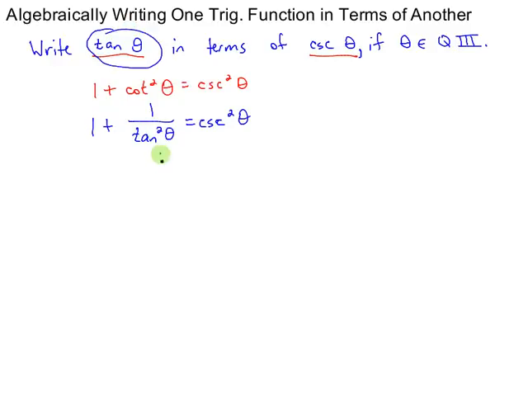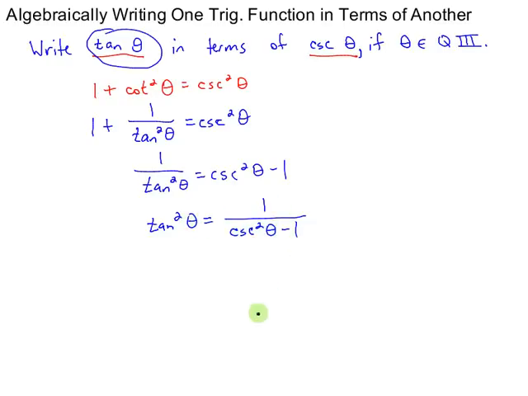So the first thing I would do is subtract 1 from both sides. And the second thing I would do is take the reciprocal of both sides, which gives me tangent squared of theta, and on the right side I have 1 over cosecant squared theta minus 1. Finally, take the square root of both sides.